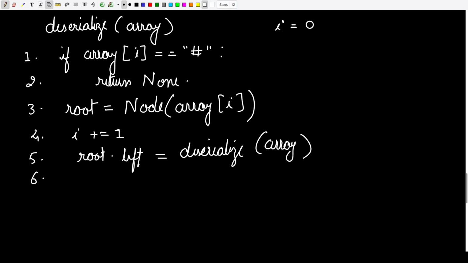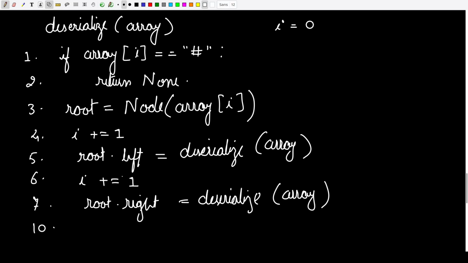And again, after consuming the next element, comes the part of the right child, and the right child will be the next element afterwards. So the right child will be equal to root dot right, deserialize array. And after populating the left and right child of the root, we are going to return root. And in this way, we will be able to deserialize an array. So that's about the explanation, folks.